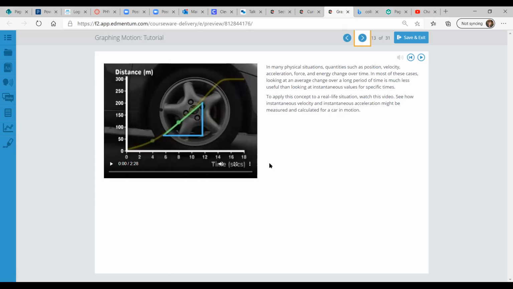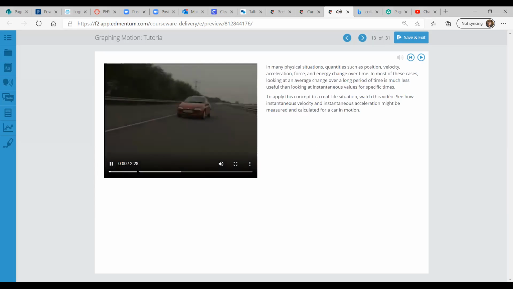And in most of these cases, looking at an average change over a long period of time is just not as useful compared to looking at instantaneous values for very specific times. So this video here applies it to a real life situation. See how instantaneous velocity and instantaneous acceleration might be measured and calculated for a car in motion.